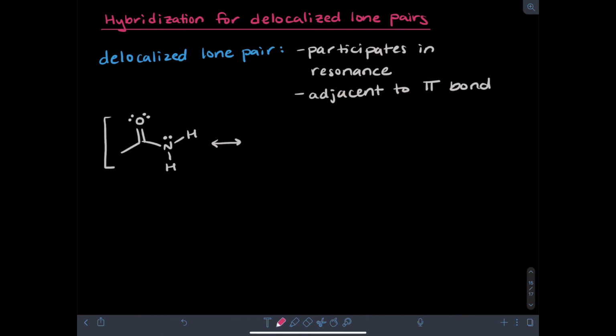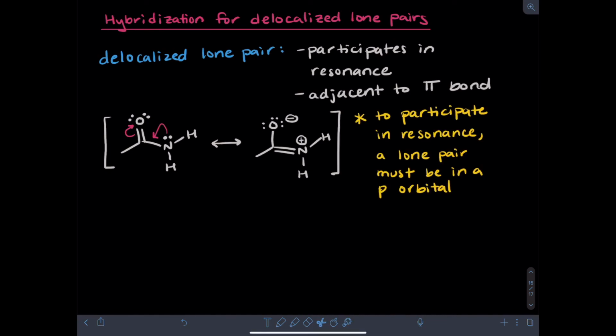To draw a second resonance structure, I'm going to bring down the nitrogen lone pair to form a pi bond, and break the carbon-oxygen pi bond to make a new lone pair on oxygen. This will give me a resonance structure where I have a carbon-nitrogen pi bond, a carbon-oxygen single bond, and I'll have positive charge on nitrogen, negative charge on oxygen.